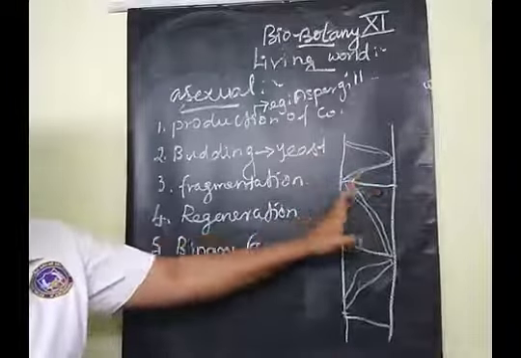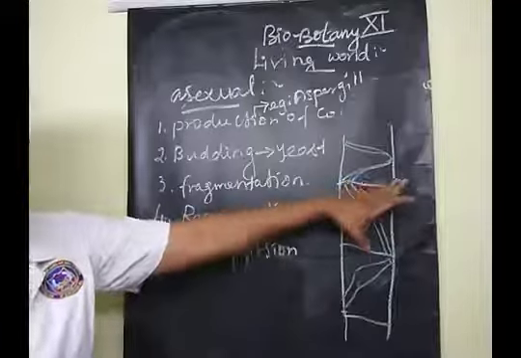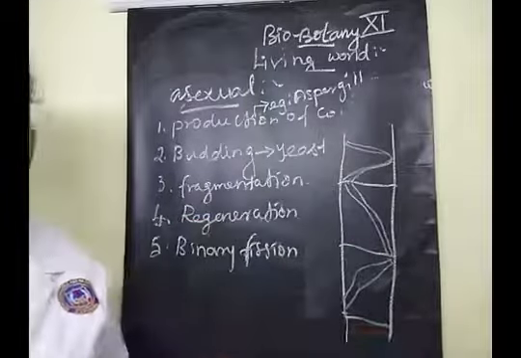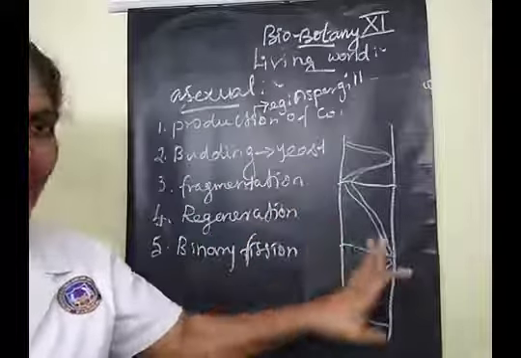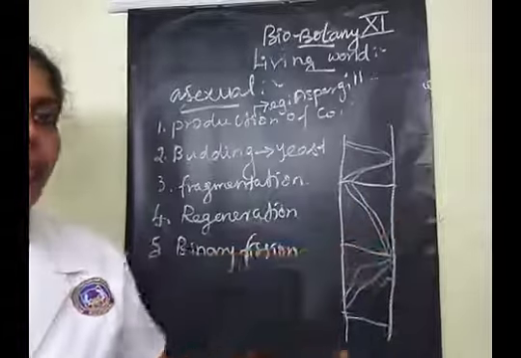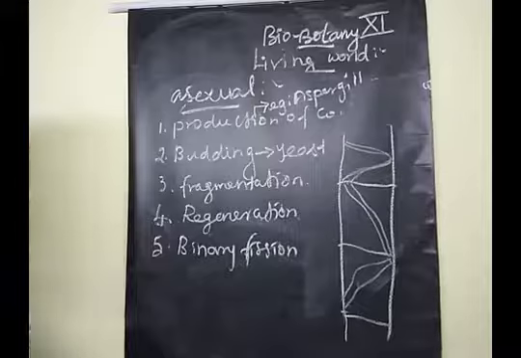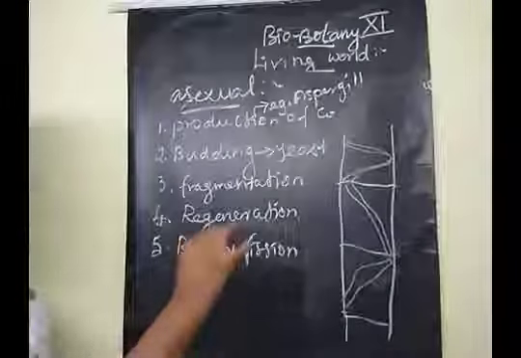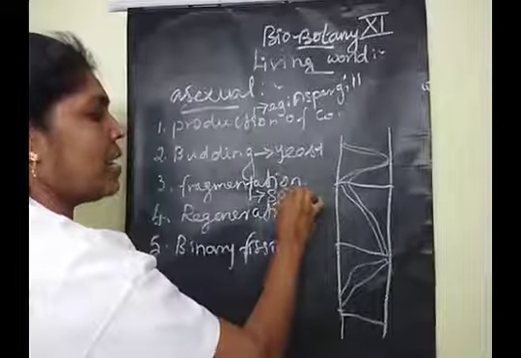The plant body is called the thallus. Through fragments, this thallus grows into new organisms. Clear? Fragmentation means the plant body, called the thallus, grows into new organisms. This is the type we mention here as fragmentation. A good example of fragmentation is Spirogyra.